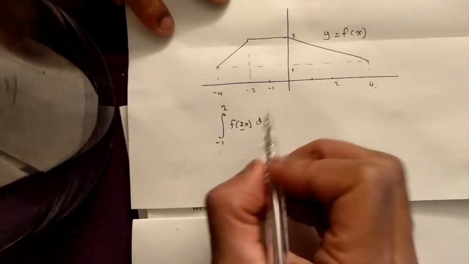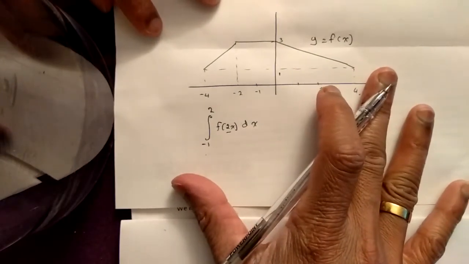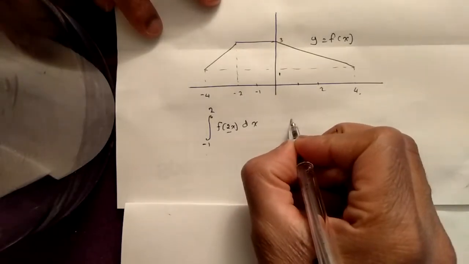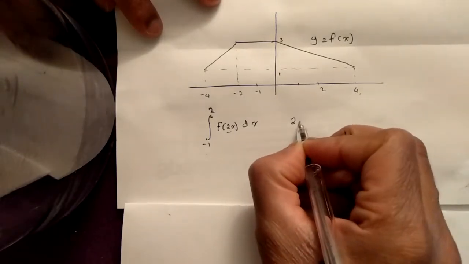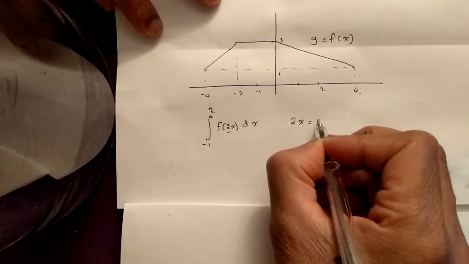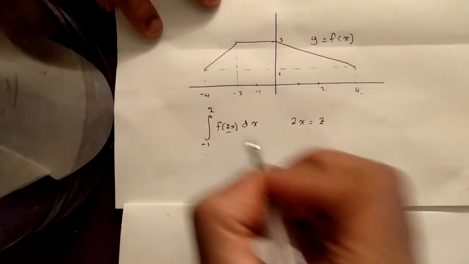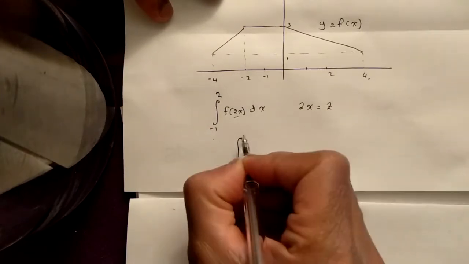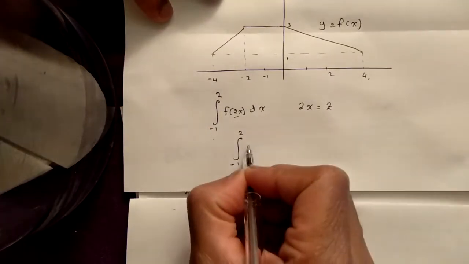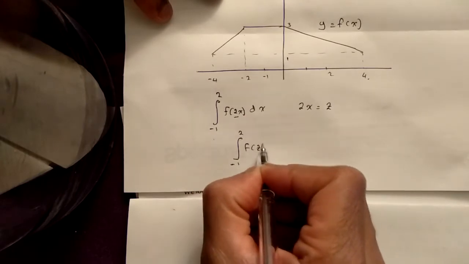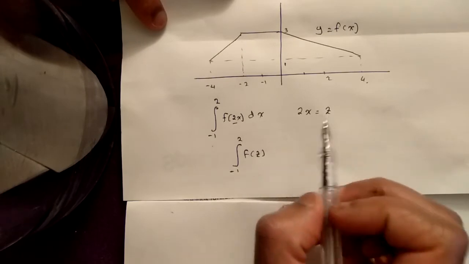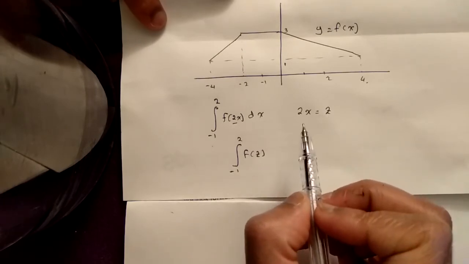So how are we going to start this problem? One method that we can do is we can just think about this 2x as z, right? So simply what we have is the integral from -1 to 2 of f(z), right? And there is another thing that we should look for.